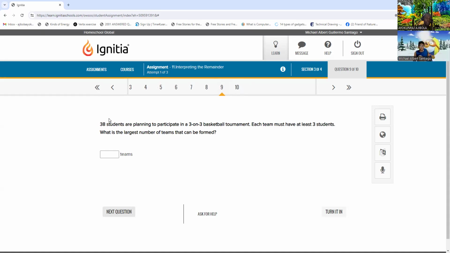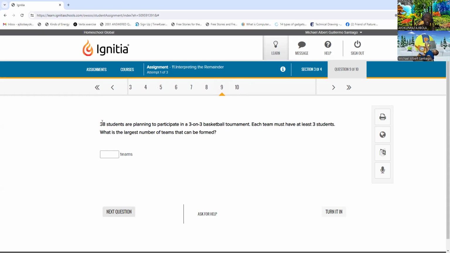38 students are planning to participate in a 3-on-3 basketball tournament. Each team must have at least 3 students. What is the largest number of teams they can form? Yeah, that is 38 divided by 3, okay?